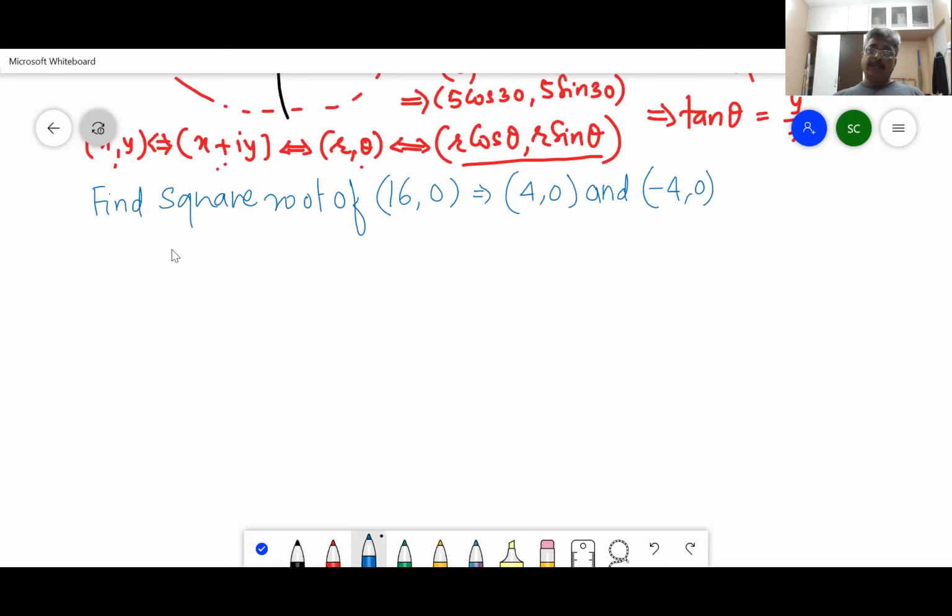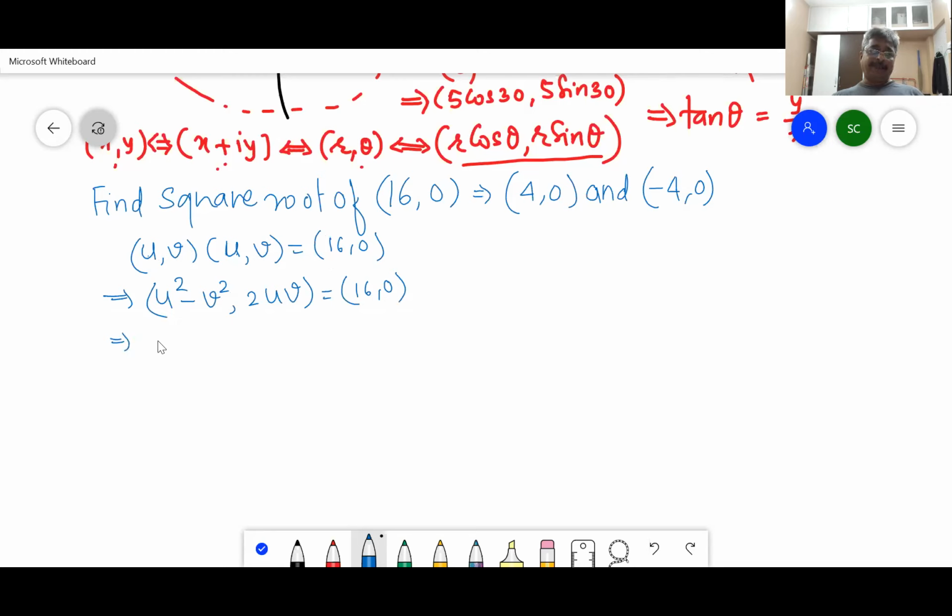But how will we really do the calculations? So let us assume u, v is a square root of 16. u, v squared is equal to 16, 0. So by definition, (u square minus v square, 2 times uv) is going to be equal to 16, 0, right?